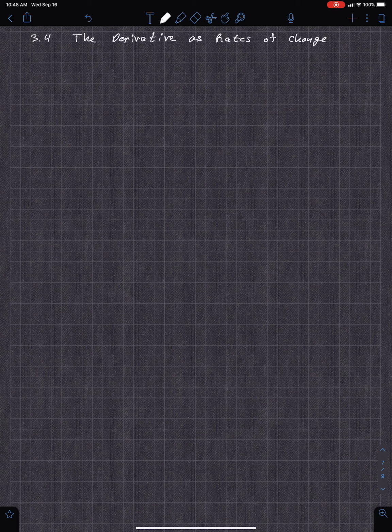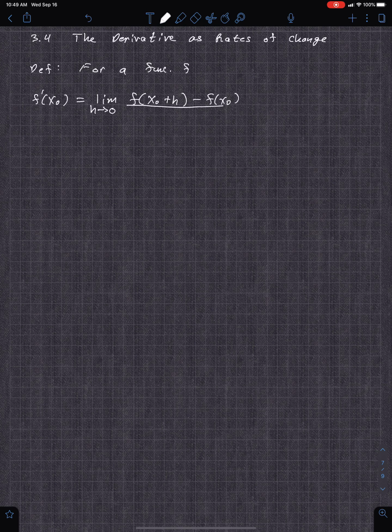The definition of this is really the same thing. When we say for a function f, if we have f prime of x naught equal to the limit as h approaches 0 of f of x naught plus h minus f of x naught all over h, that is defined to be the instantaneous rate of change.